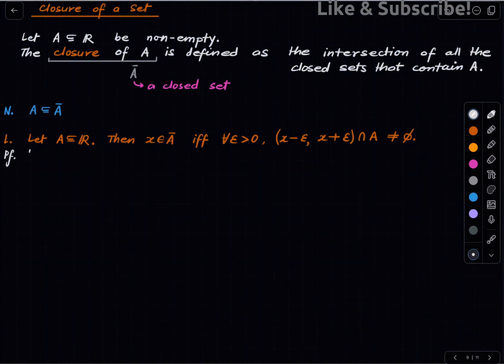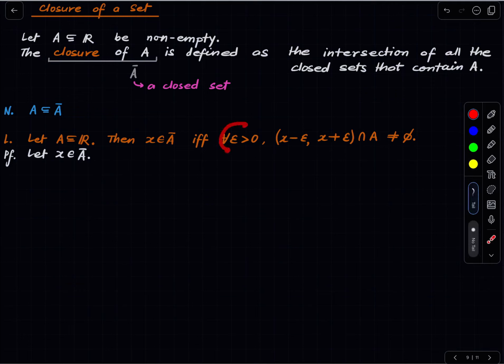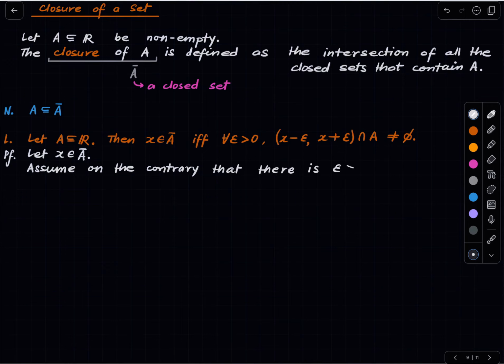So let x in A closure be arbitrary. We want to show that for all epsilon greater than 0, this room around x intersects A non-trivially. So assume on the contrary that there is epsilon greater than 0 such that the corresponding room around x intersects A trivially.